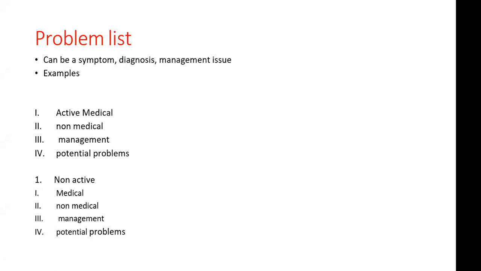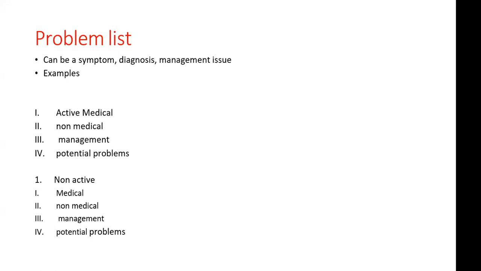As an example of a diagnosis as a problem, diabetes mellitus for 9 years is a problem, right? It is a diagnosis based problem. Poor control of diabetes mellitus is a management problem. So those are various examples of problems.